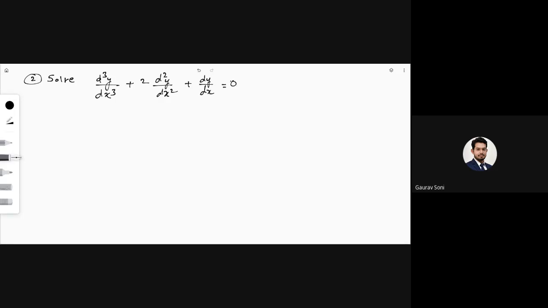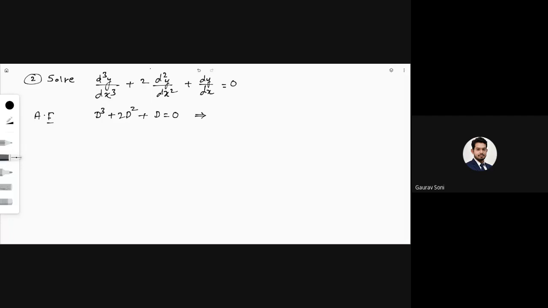You can do the middle calculation now, as we have done a lot of examples, so I will directly write down the auxiliary equation. The auxiliary equation will be D³ plus 2D² plus D equals 0. Anyone, what are the roots? 0 and minus 1.